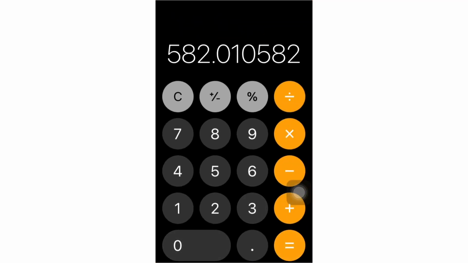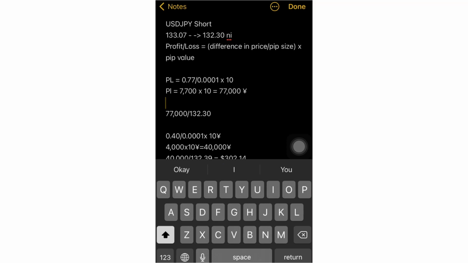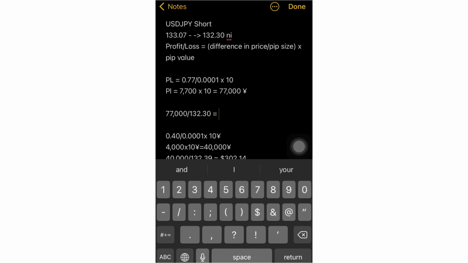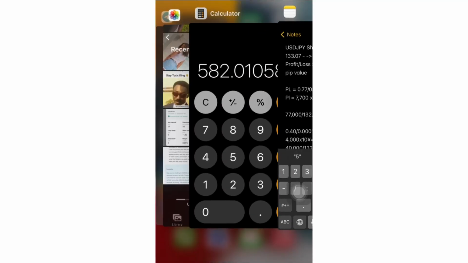So basically, we're going to have $582. This 77 pips movement, using one lot size, is going to give us this $582.